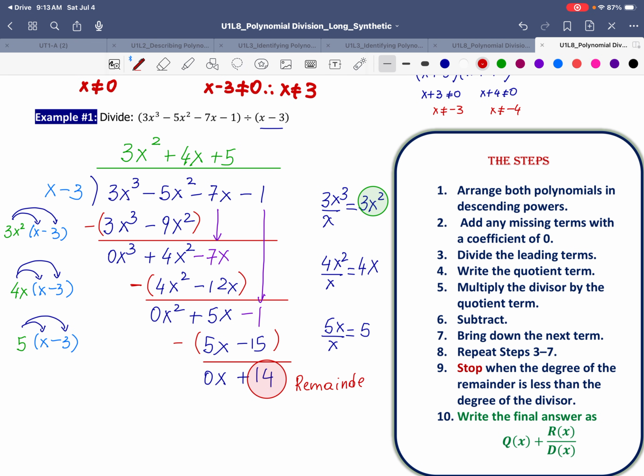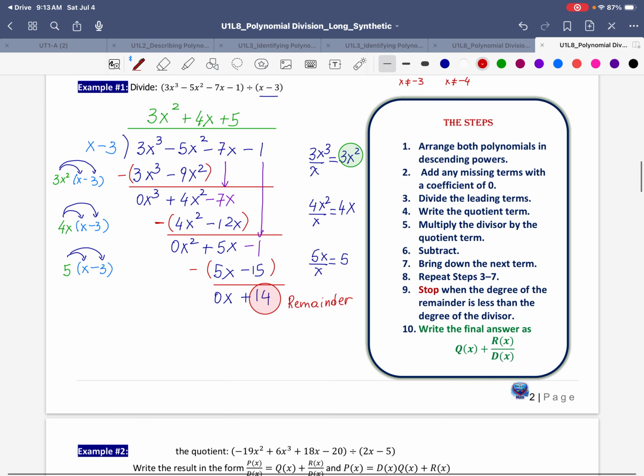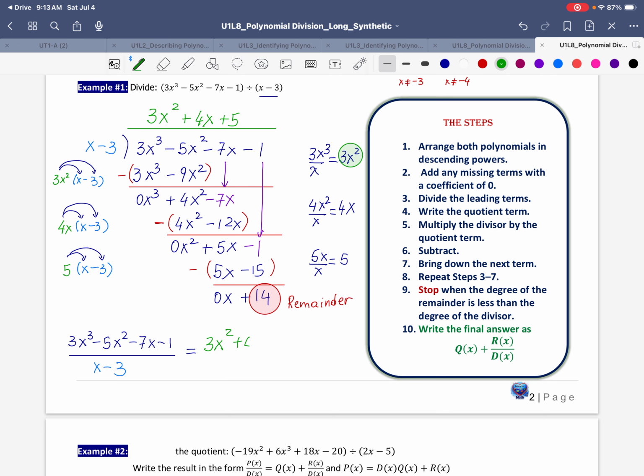So next we are going to state the final answer. So the final answer is the polynomial 3x cubed minus 5x squared minus 7x minus 1 when divided by x minus 3 will give a quotient of 3x squared plus 4x plus 5 and a leftover or a remainder of 14, which still needs to be divided by x minus 3.